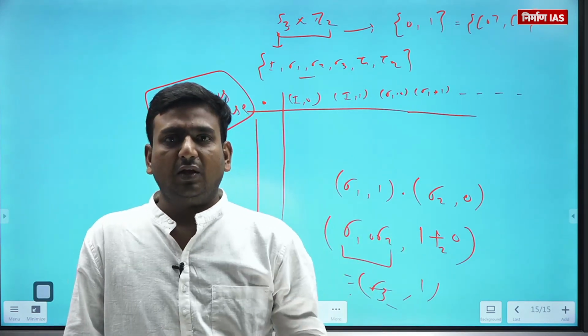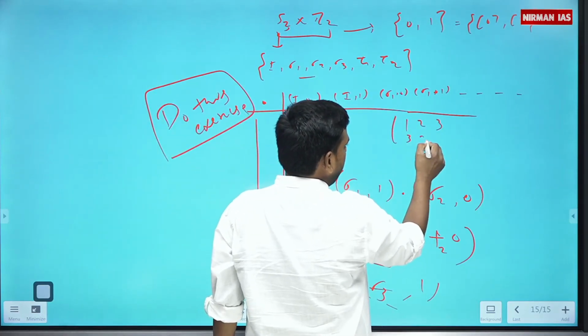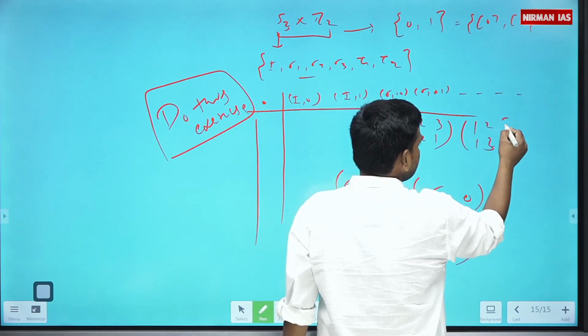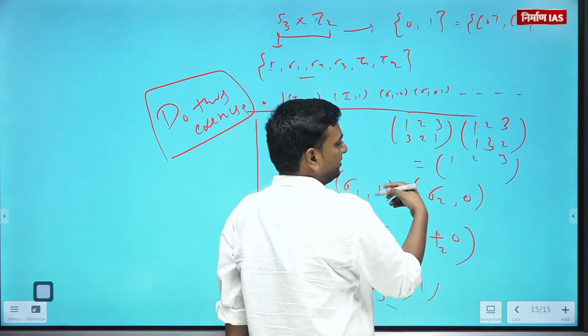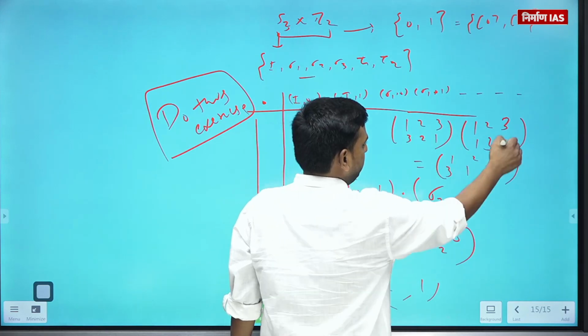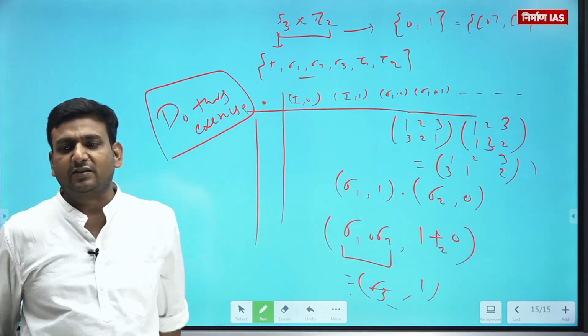What is coming out? Let's say I have the element sigma 1 2 3 1 3 2 1 and I want to compose. That means I want to know the image of 1: image of 1 is 1, of 1 is 3, of 2 is 3, of 3 is 1, of 3 is 2, of 2 is 2. That's it. Done. This is the exercise you do.